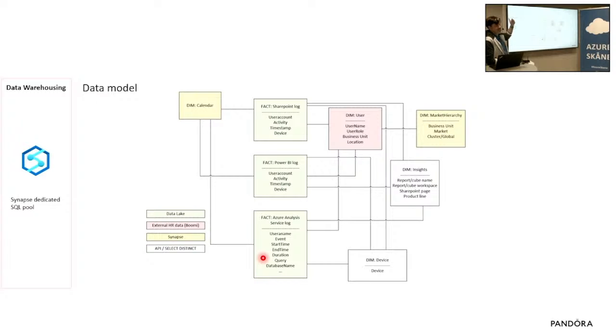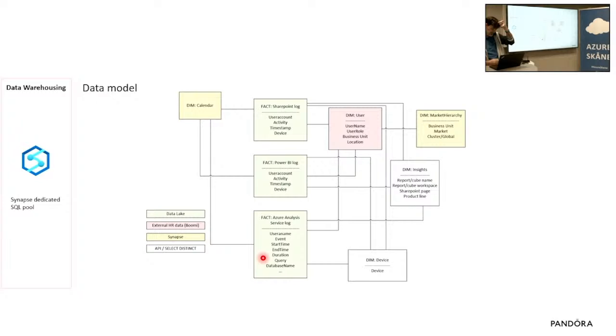Are they salespeople, global office people, top management, middle management, power users? You need to understand your audience. But the model is very, very simple. There is not that much complexity in the dimensions. It's just three big fact tables and something around them to better understand what's going on.